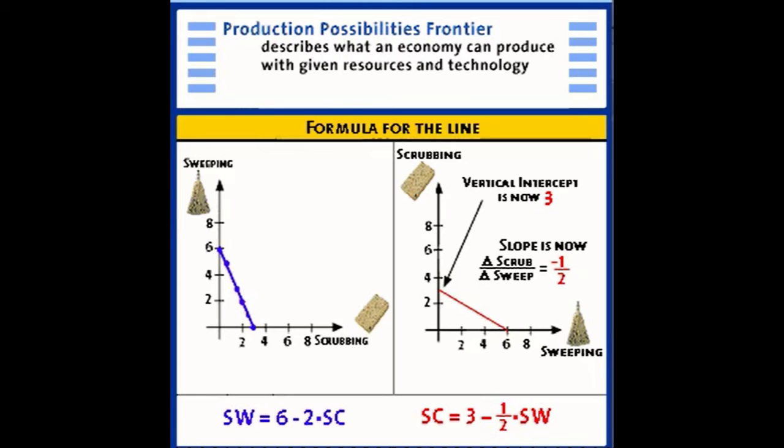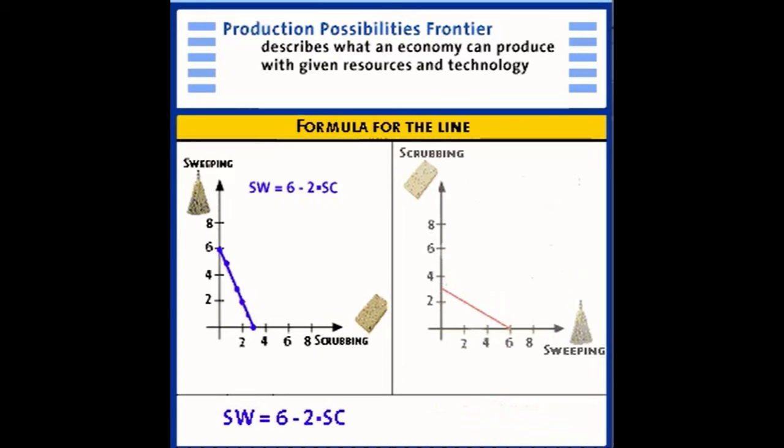Now let me show you something about the relationship between those two production possibility frontier equations, and this is what's interesting. Notice that the original equation was sweeping is equal to 6 minus 2 times scrubbing. Well, let's rewrite this equation and move scrubbing over to the left-hand side so that we have an equation that has scrubbing measured in terms of sweeping. I'll move this minus 2 scrubbing to the left-hand side, and that's equal to 6 minus sweeping.